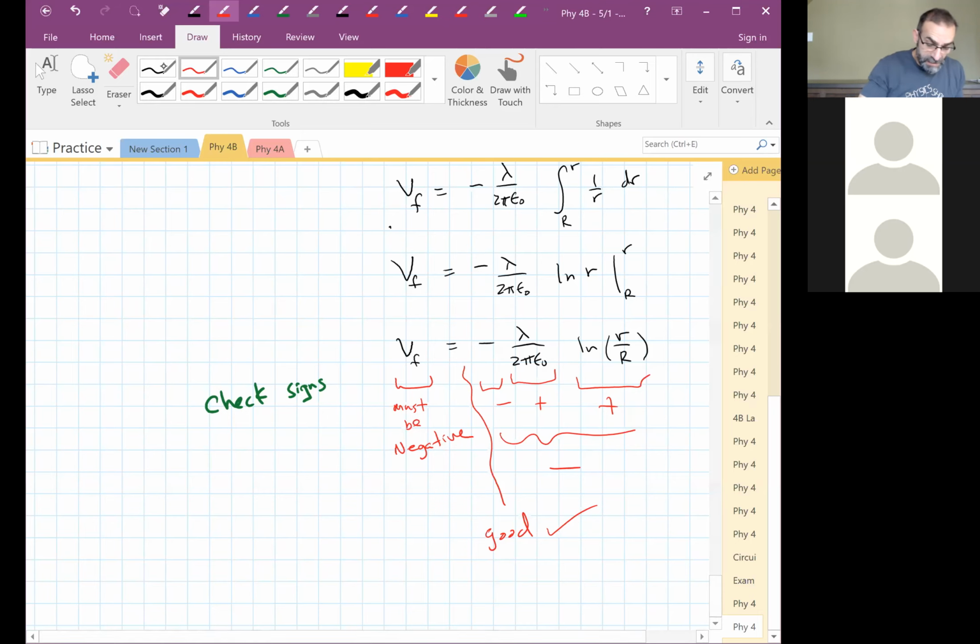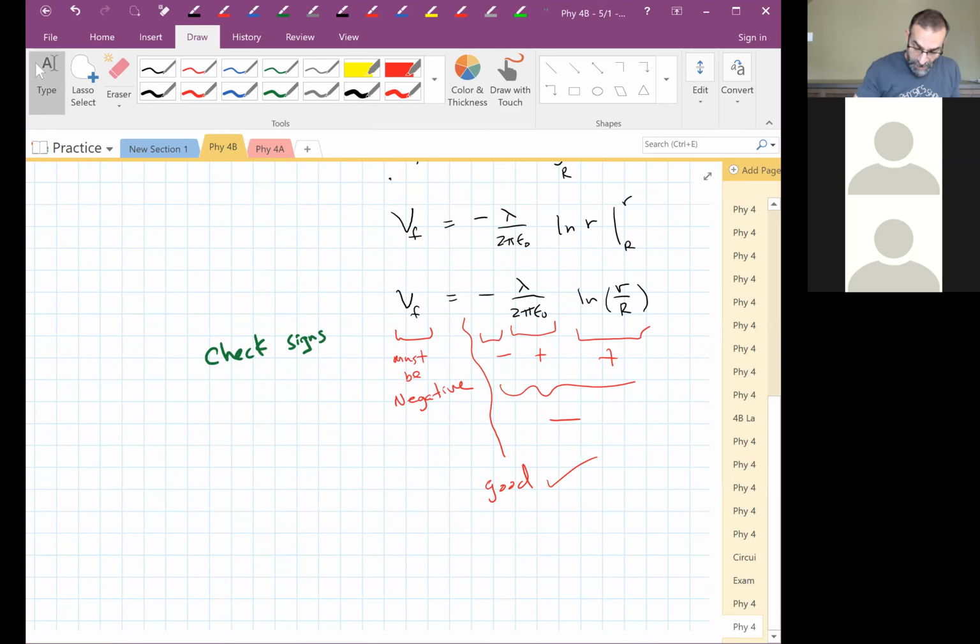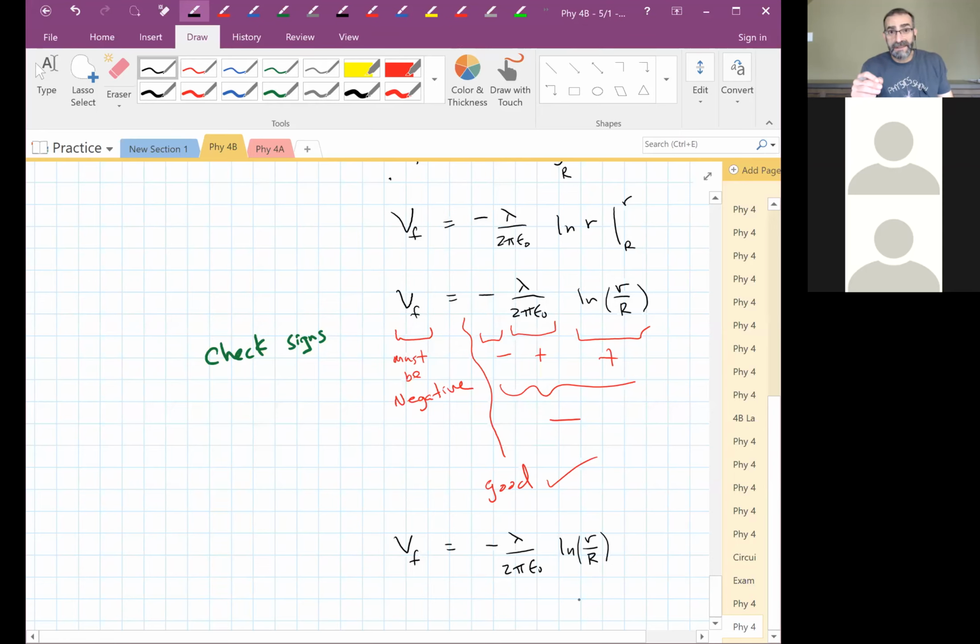So what's my answer? My answer is right there. V final is equal to, this is V at any R, negative lambda over 2 pi epsilon naught, natural log of R over R. So you see why we set the 0 to be the radius of the cylinder?